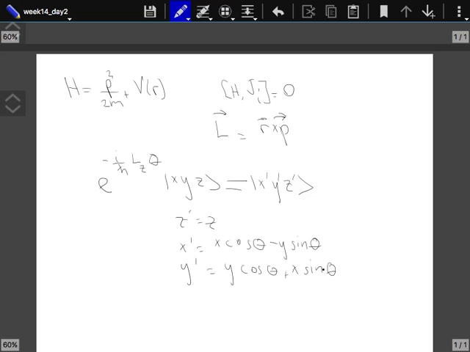Spin also has a direction, and hence the direction of the spin should also change, not just the x, y, z. So that is what this r cross p operator is missing. And if we have an object that has a spin, we should add the operator that rotates the direction of the vector to this r cross p, and that is in fact what we call the spin.